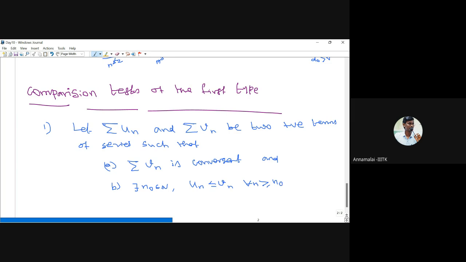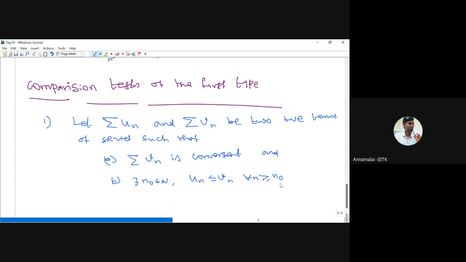Maybe for the first finite number of terms, the uns may be bigger than the vns. So after a certain stage, these uns are less than or equal to vn for each n. If the series summation vn is convergent, then the comparison test says summation un is convergent.